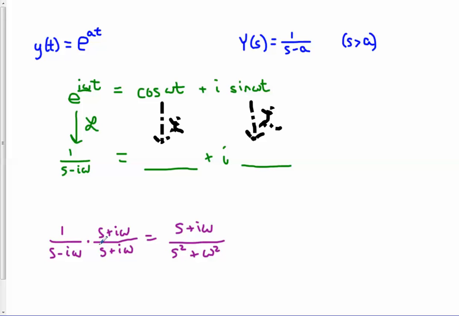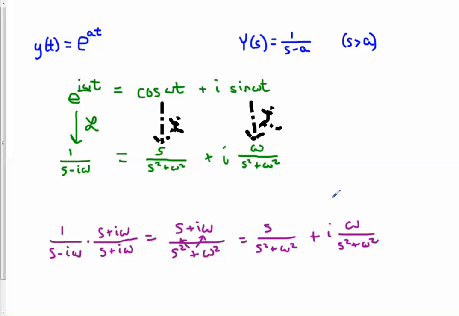And that's the benefit of this approach, is that the bottom is just a real number, so I can distribute it. So I get s over s squared plus omega squared plus I times omega over s squared plus omega squared. And so there I've plugged it into my diagram here.